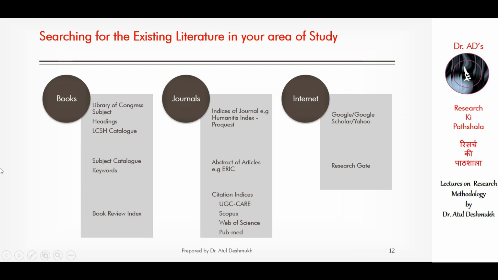First, that is books. All of us are aware that during our undergraduate or postgraduate program, we have gone through a lot of books. There are different kinds of books: conventional books, books which give you advanced findings, or the books which are in the library.